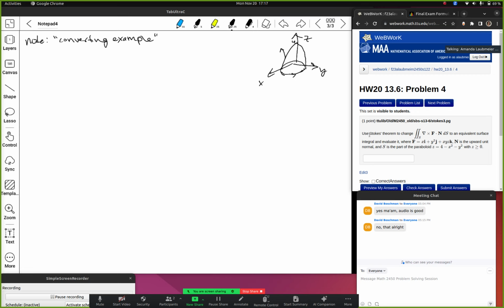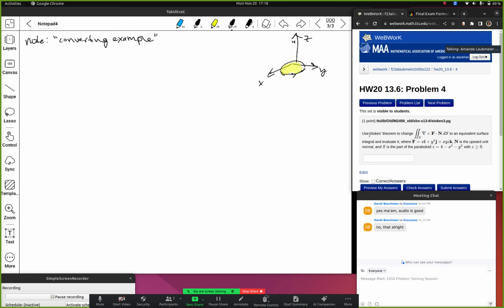But we can take it one step further and say that line integral across the curve is equivalent to any other surface with that boundary. So we can go ahead and use this surface instead. It has the same boundary as the surface that we started with, but it's easier.